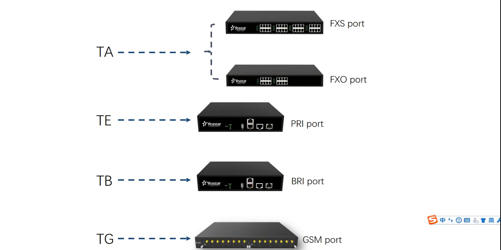Today we will give you an introduction on how to connect your gateways to the PBX and how to route calls between your PBX and gateways. As a matter of fact, most of you know that gateways are usually used to expand interfaces for your telephone system.